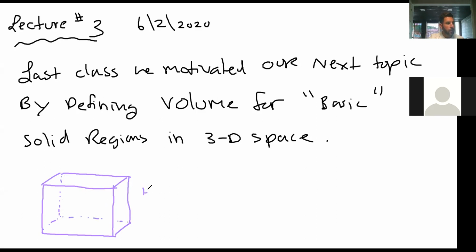So if this thing has a height, and a width, and a length, whatever you want to call it, then defining the size of this thing is just length times width times height. So we're all going to agree that that's how we're going to associate a numerical value to the size of that sort of region, or that object, if you will.